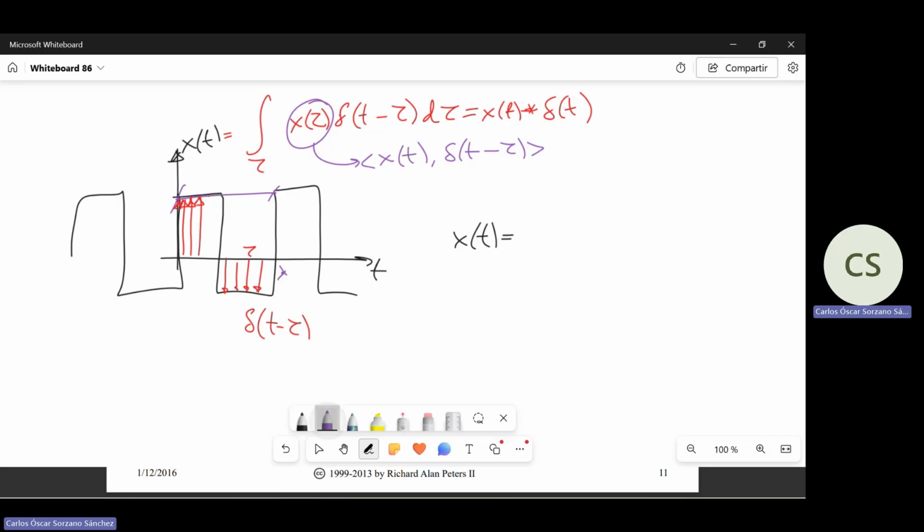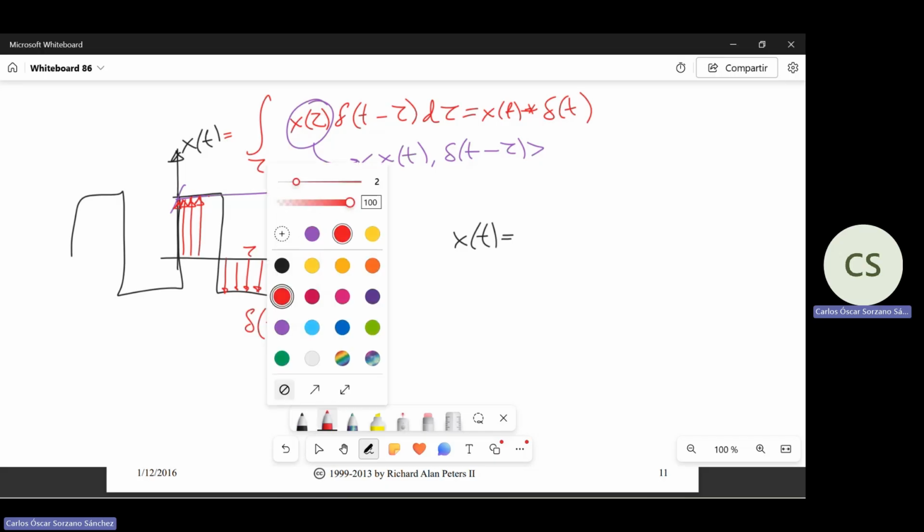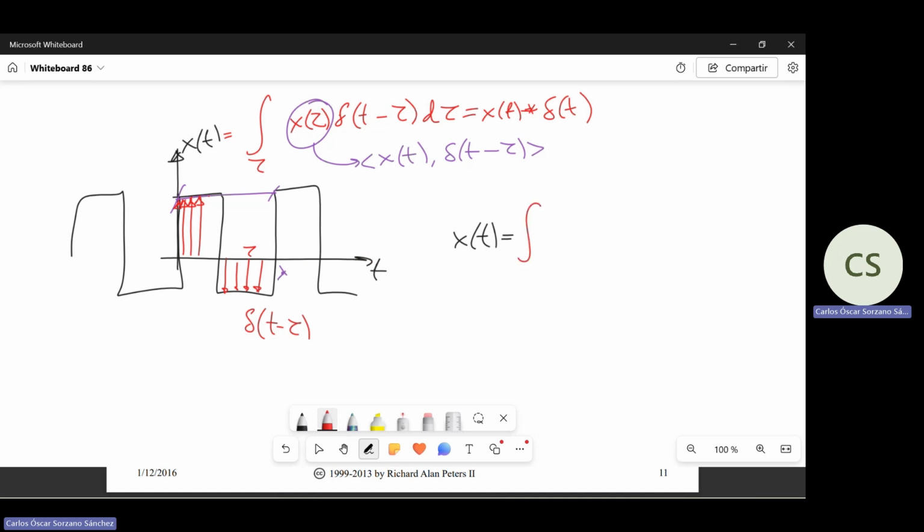It is the integral over tau of the inner product between x of t and delta t minus tau, times delta t minus tau d tau.